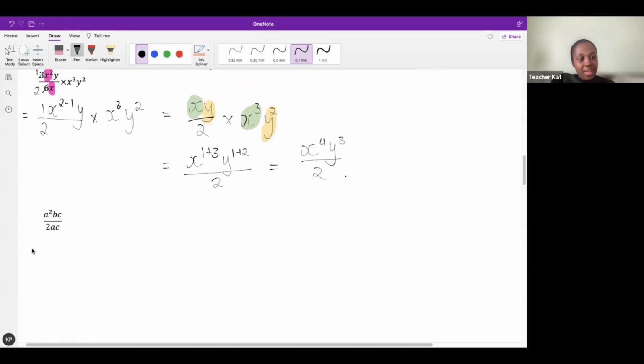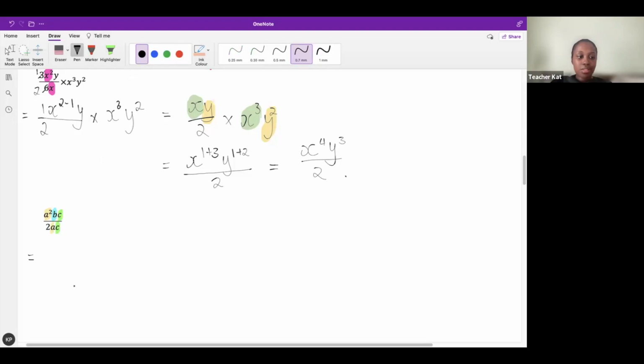Okay, equals. Now, how many different variables do we have? Let's look carefully. How many different variables do we have? 3. Right? We have A, we have a B, and we have a C. Okay, that 2, we can't exactly do anything about it.